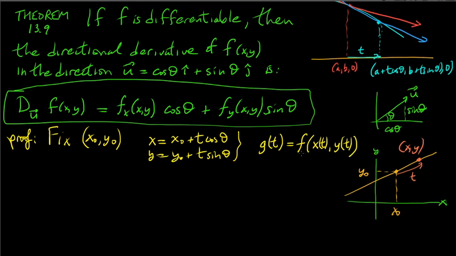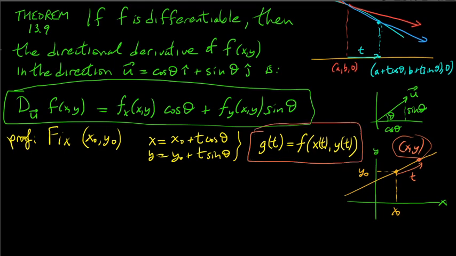So that gives you a point on that line, and now based on that, we have a function that only depends on t. So g is implicitly a function of x and y, but explicitly it's just a function of t.